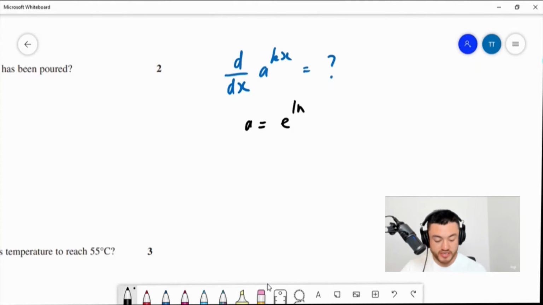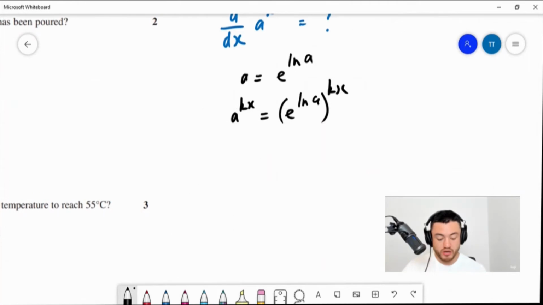Just using this little trick here, by taking the log of the left hand side and raising it to the power e, it's like we're applying that inverse operation there. And then I'm going to raise both to the power of kx. So we have a to the kx is equal to e to the ln a, all raised to the power of kx. Now we can apply our power to a power rule where we multiply the exponents.